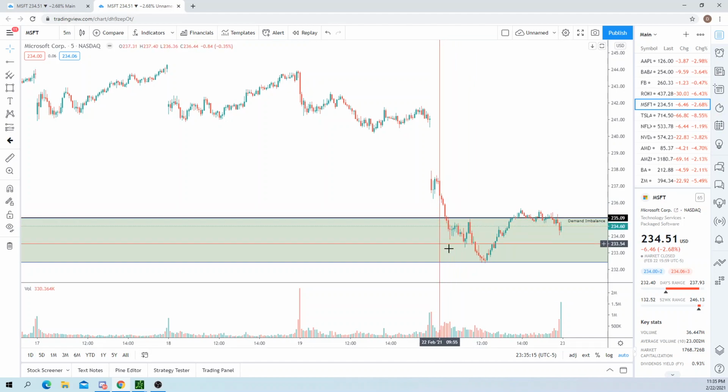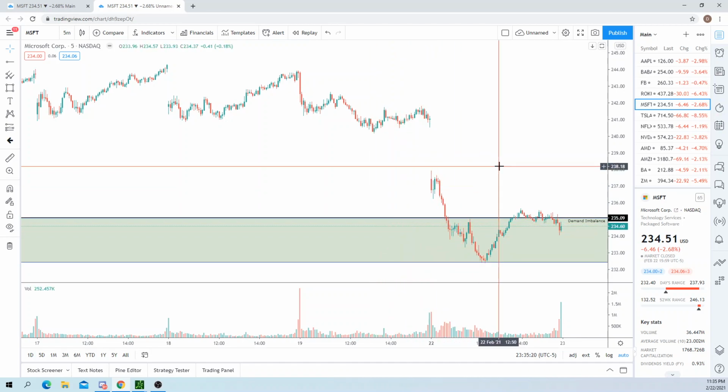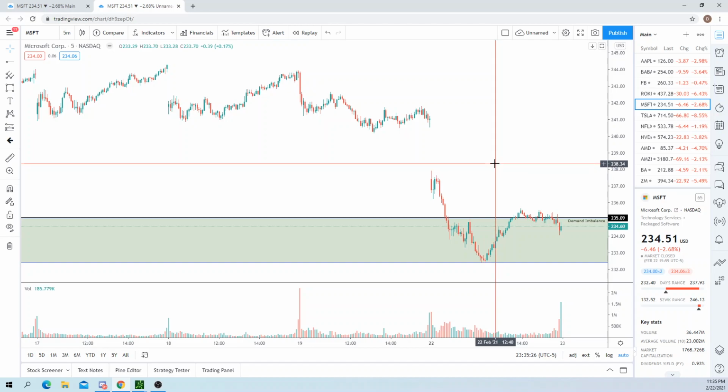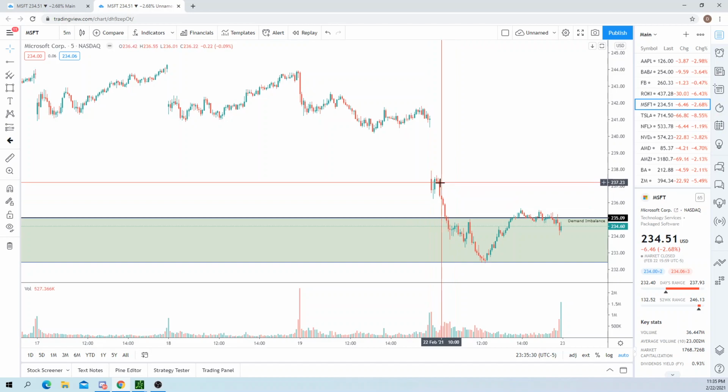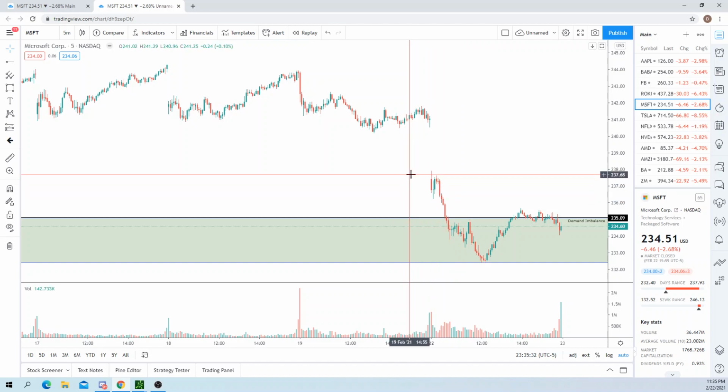Okay, these are institutional orders that are sitting in this green rectangle that are more than likely going to be filled sooner than later. So, like I said, this was a 40% trade. Very good, and we'll move on from there.